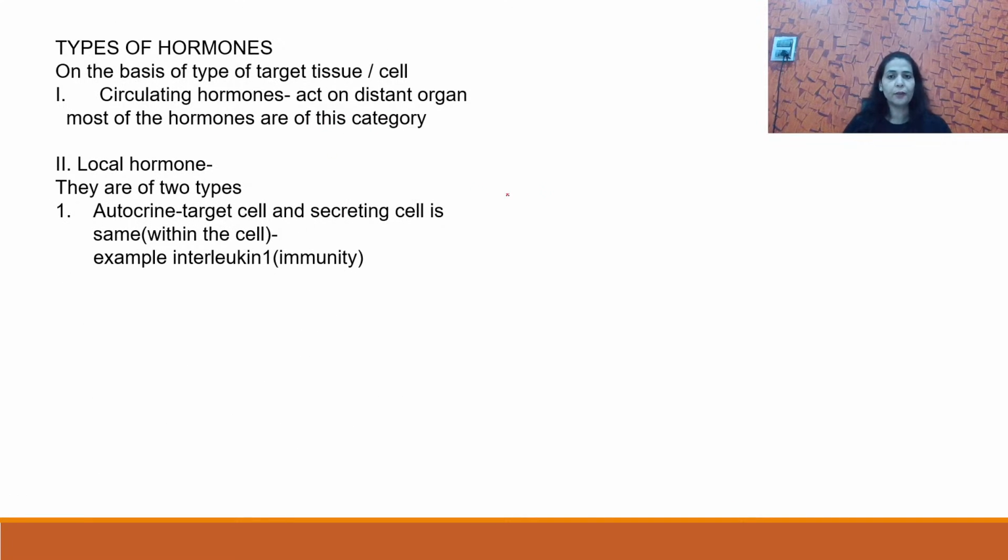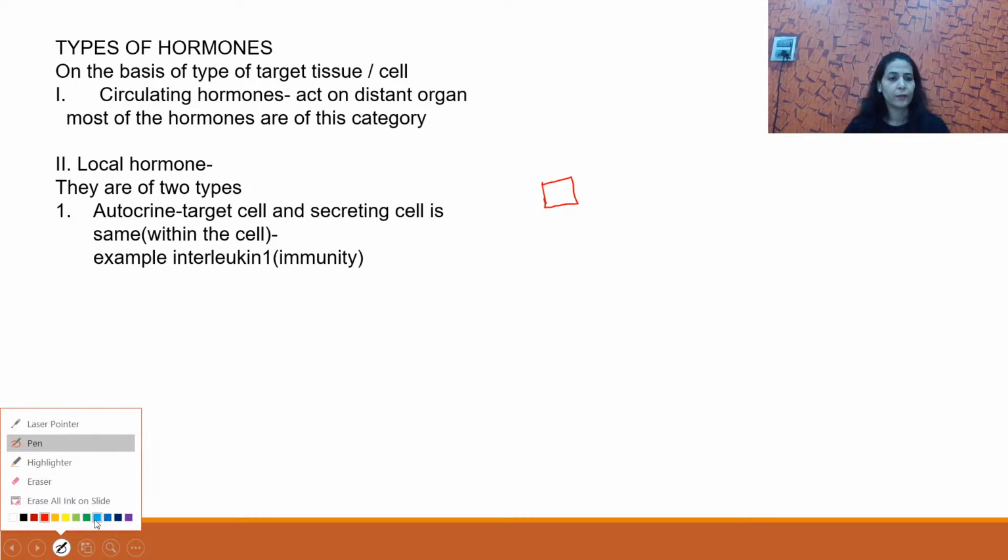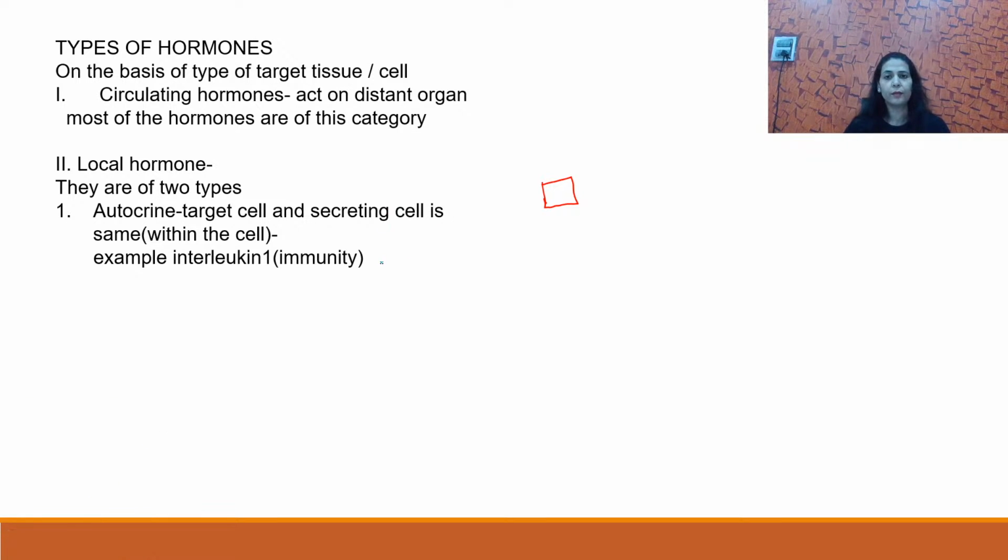Local hormones: suppose this is a cell. This cell has produced this hormone.